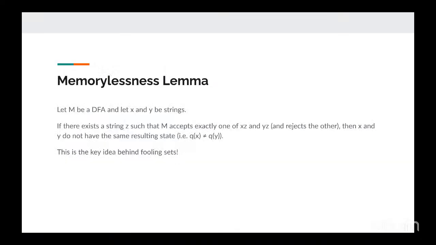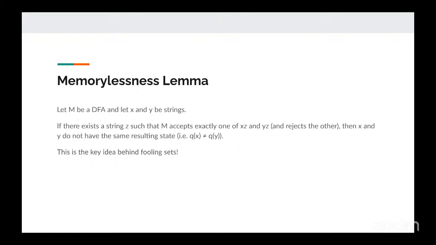Okay. So before we move on to the next level of computation, we want to think about how we can prove that a language isn't regular. Okay, that's why we have fooling sets. And what's the idea behind fooling sets? So there's a lemma that we use, the memorylessness lemma. It's a mouthful. But the idea is if we have a DFA M and we have two strings, X and Y, okay?